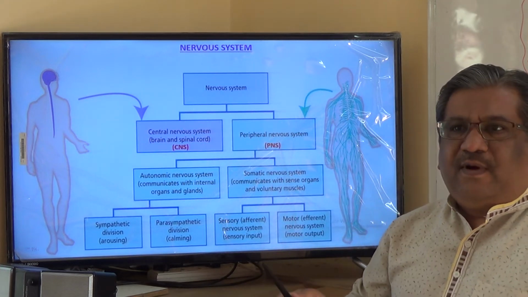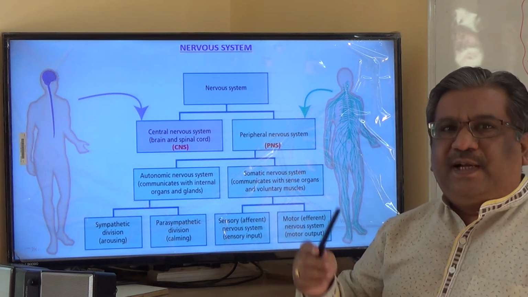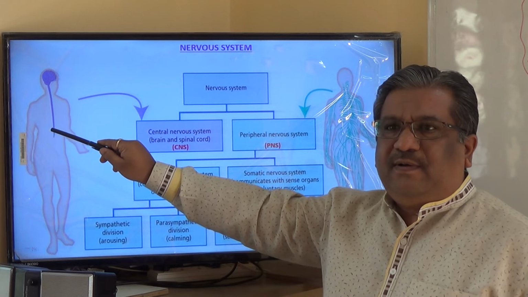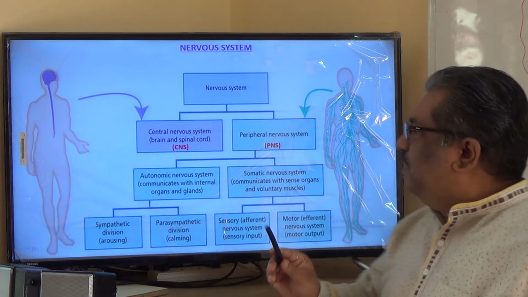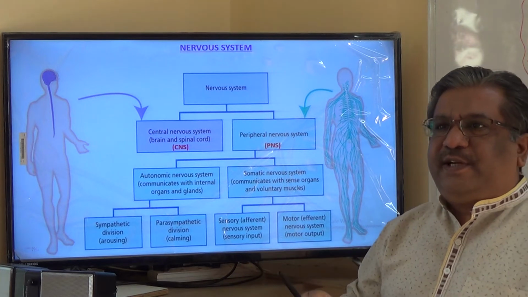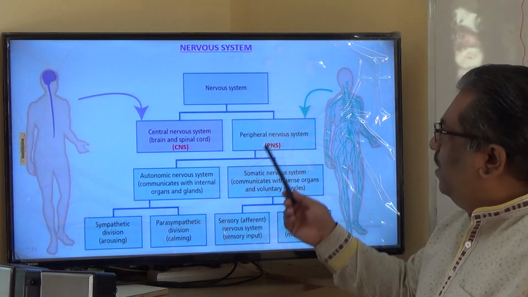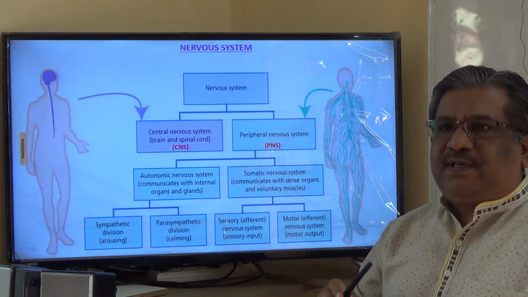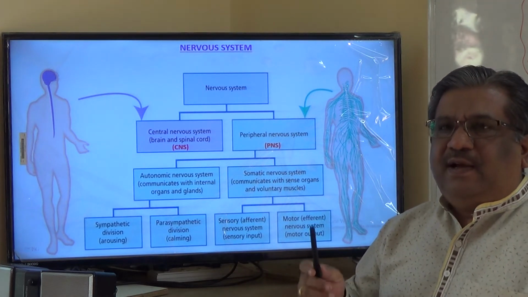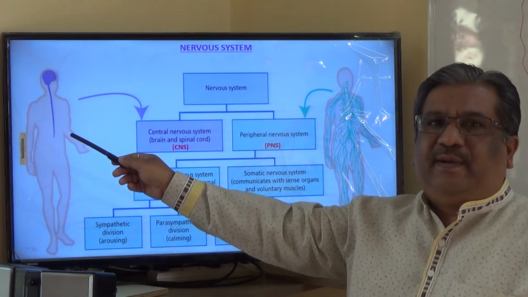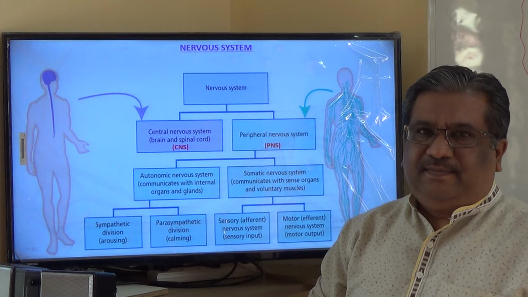I can put this statement another way: the peripheral nervous system is composed of the nerves that emerge out of the brain and the nerves that emerge out of the spinal cord.